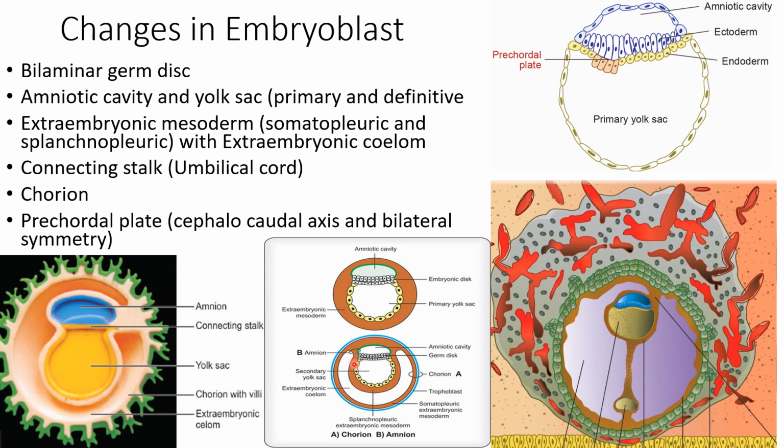And rest of the extra embryonic mesoderm which is lining the amniotic cavity and the inner aspect of the cytotrophoblast is known as somatopleuric mesoderm. So far we have seen formation of bilamellar germ disc, formation of two cavities, formation of extra embryonic mesoderm, extra embryonic coelom, and division of extra embryonic mesoderm into two parts, that is splanchnopleuric and somatopleuric mesoderm.